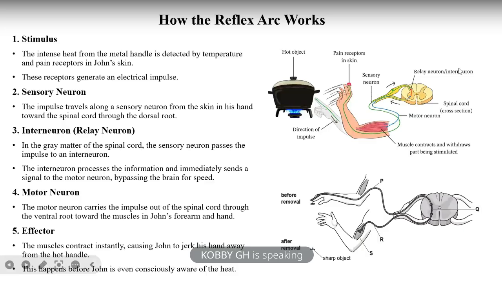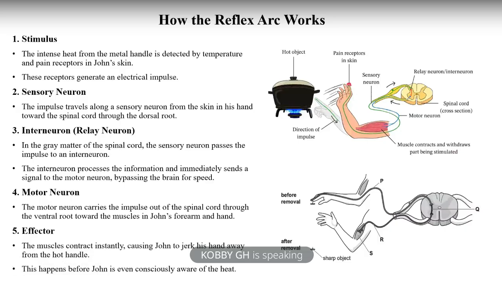Then the interneuron will do the processing and release it to the motor neuron. Then the information comes back to the muscle, which is the effector. Then the person will move the hand away from the hot object. And this is how a reflex action occurs.